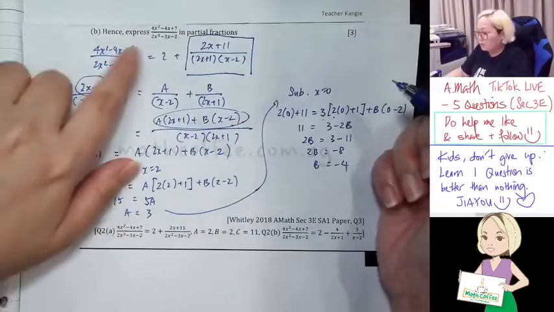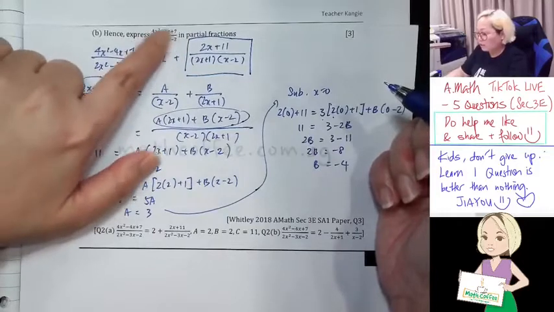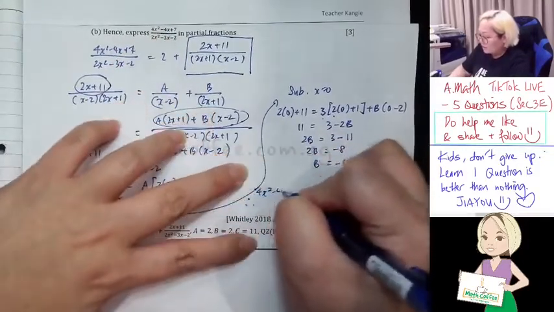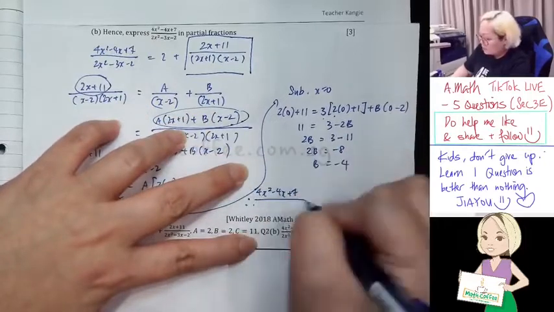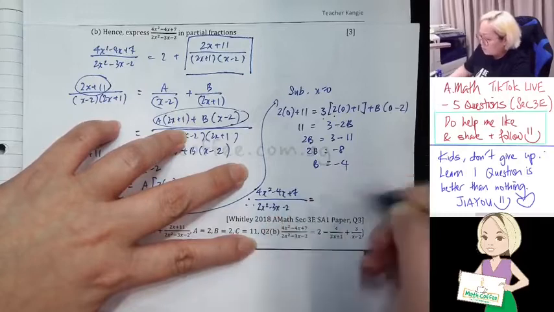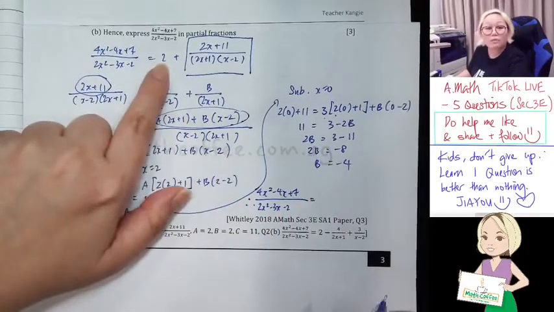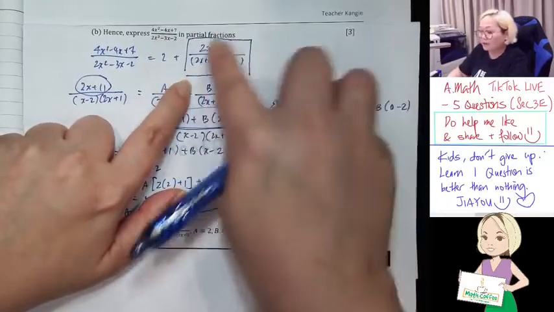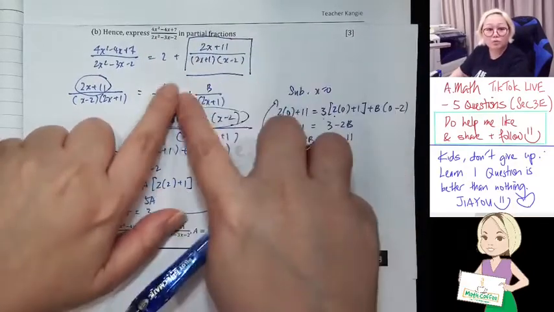So always remember to take back the original, which is this one. So you will say, therefore, this (4x squared minus 4x plus 7) over (2x squared minus 3x minus 2) equals, take note, now you will need to remember to put back your 2. See here, just now we were just solving the proper fraction into 2 fractions.